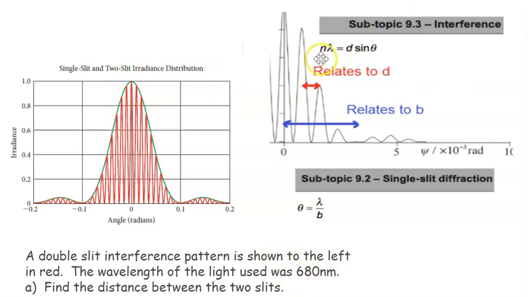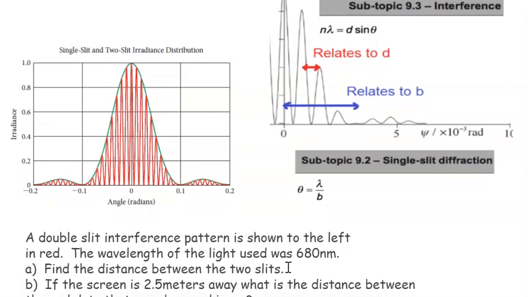Lambda is given of 680. D is what we're trying to find, and then sine theta, when it's in radians, 0.01, sine of 0.01 ends up being just 0.01. So we end up taking 680 on this side divided by 0.01. So that's just basically times 100. So we would take this number here multiplied by 100 for the answer to A.